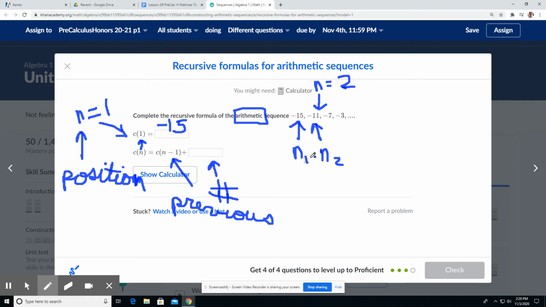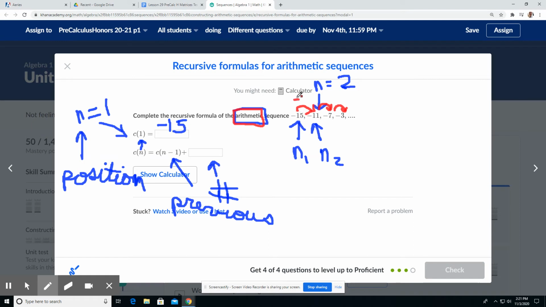So the trick here is when you do these, it really helps that they've said it's arithmetic, is how is it being added or subtracted from one entry to the next. So from one entry to the next, what got added or subtracted? All right, so negative 15 plus what is negative 11?